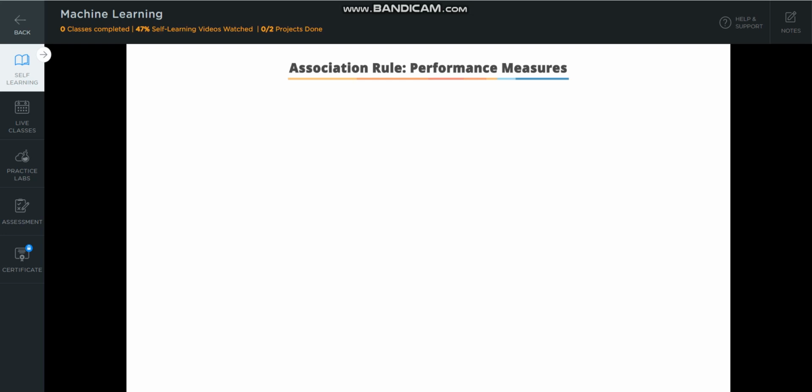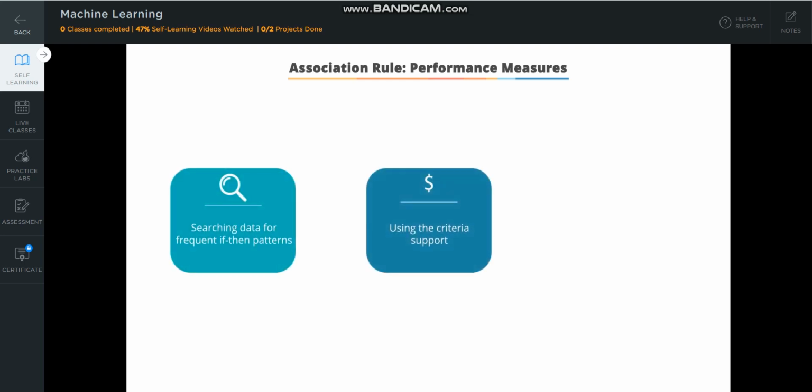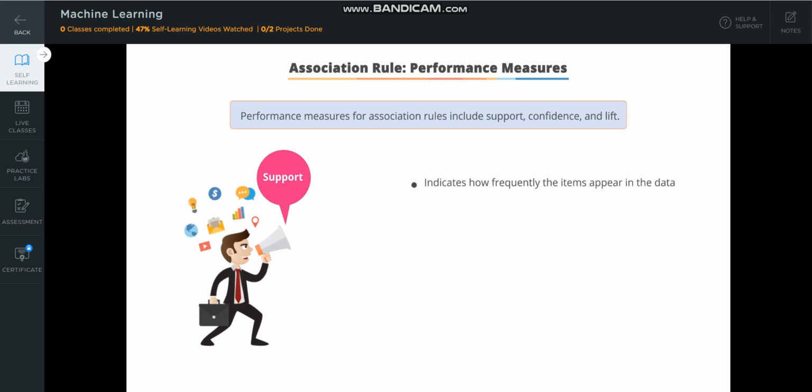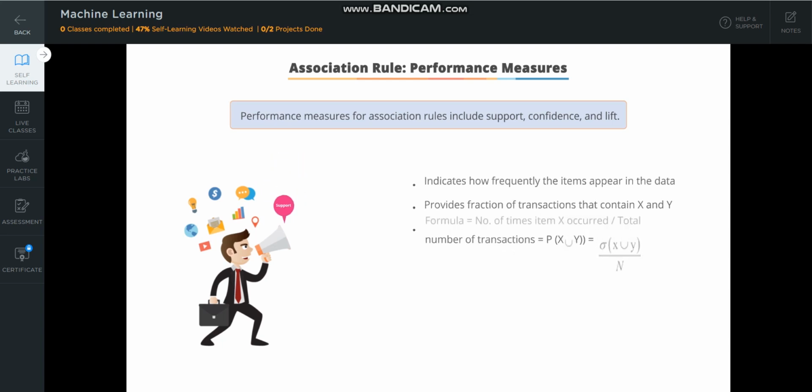Association rules are created by searching data for frequent if-then patterns, using the criteria support, identifying the most important relationships. Support is an indication of how frequently the items appear in the data. It provides a fraction of transactions containing the items X and Y. Support is calculated as the number of times item X occurred divided by the number of transactions.